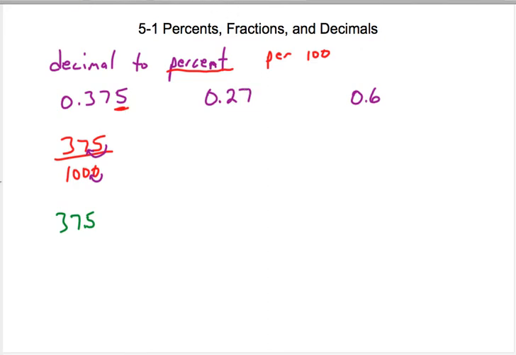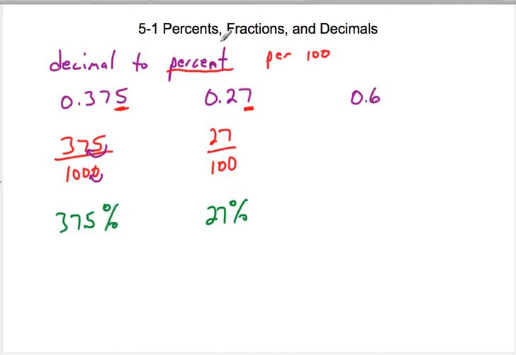Let's look at this one. 0.27 is the same as 27 over 100 because the 7 is in the hundredths place. And so since we already have our per 100 or our percent, the top number is already the answer. So 27. I forgot the percent. So it's 27%. This previous one, sorry, was 37.5%.